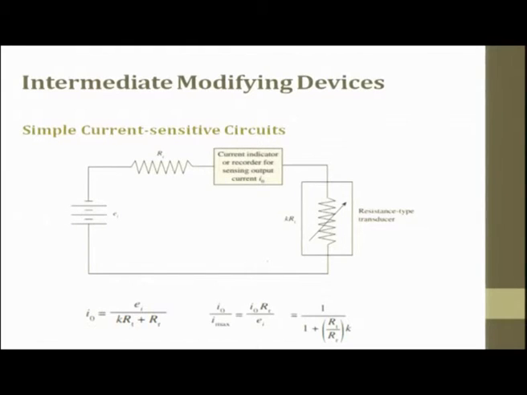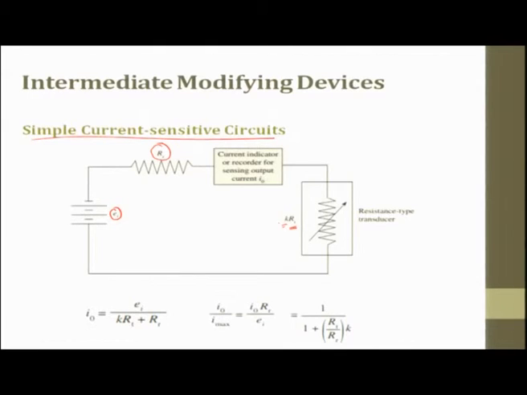Next, we will move into simple current sensitive circuits. So, here we see that this is the applied energy, input energy, this is the resistance R suffix R, then the current indicator or recorder of sensing output of current I naught, then you have RT, which is the resistance type transducer, where K is the magnitude or a factor which can be multiplied with.